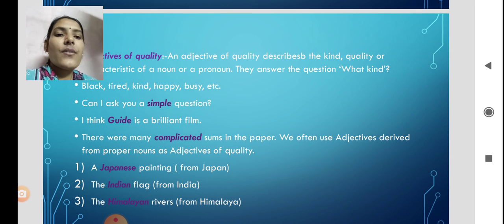A Japanese painting means from Japan. The Indian flag from India, and the Himalayan rivers from Himalaya.